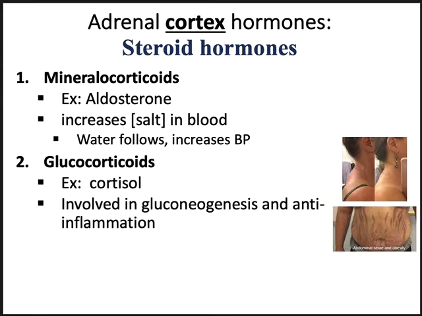So high levels of cortisol in the blood can cause rapid weight gain in the face, abdomen, and chest. Typically, you can tell because the arms and legs will be slender compared to the heavy weight in the face, abdomen, and chest. Okay. It can cause a flushed face, high blood pressure, changes to the skin.